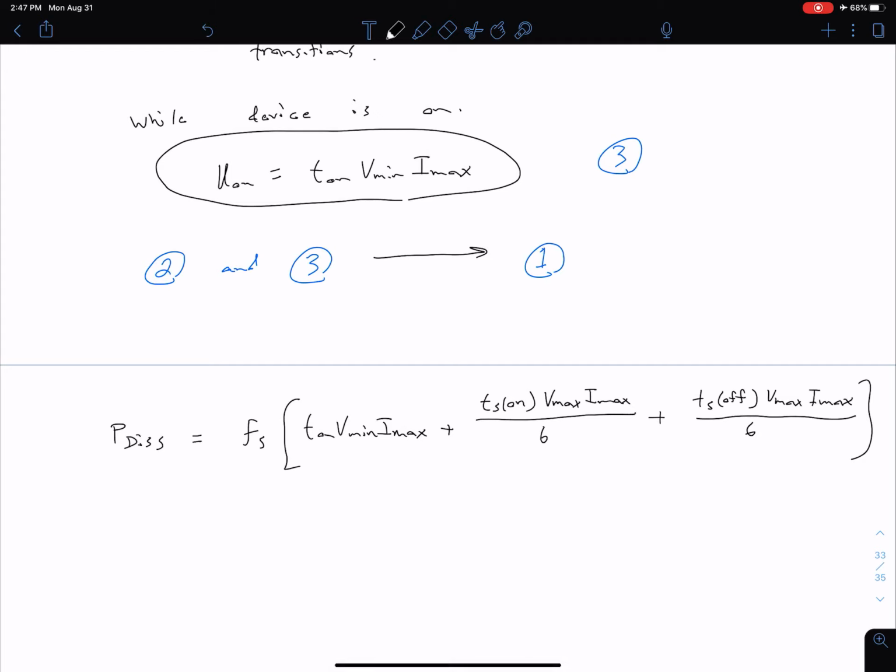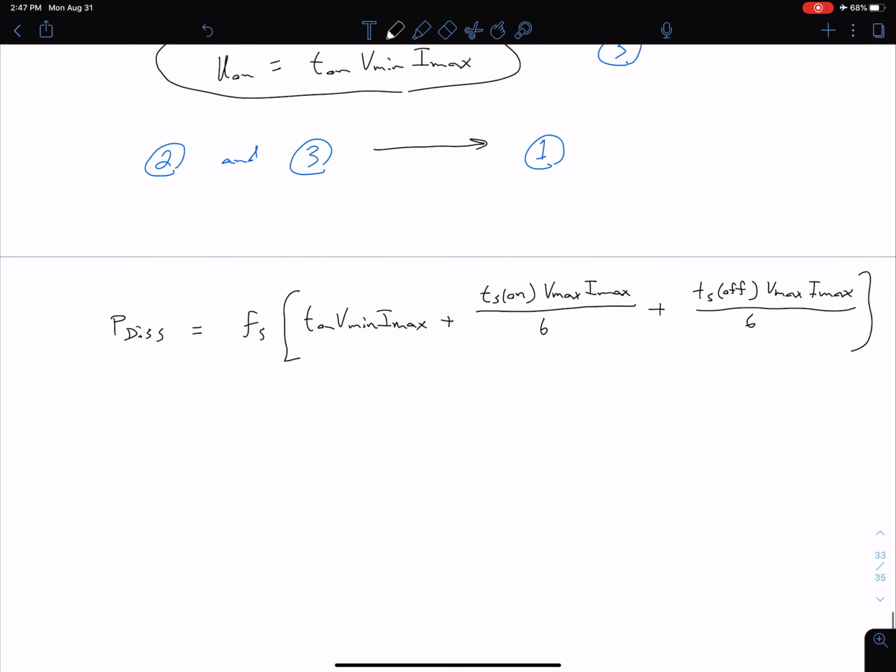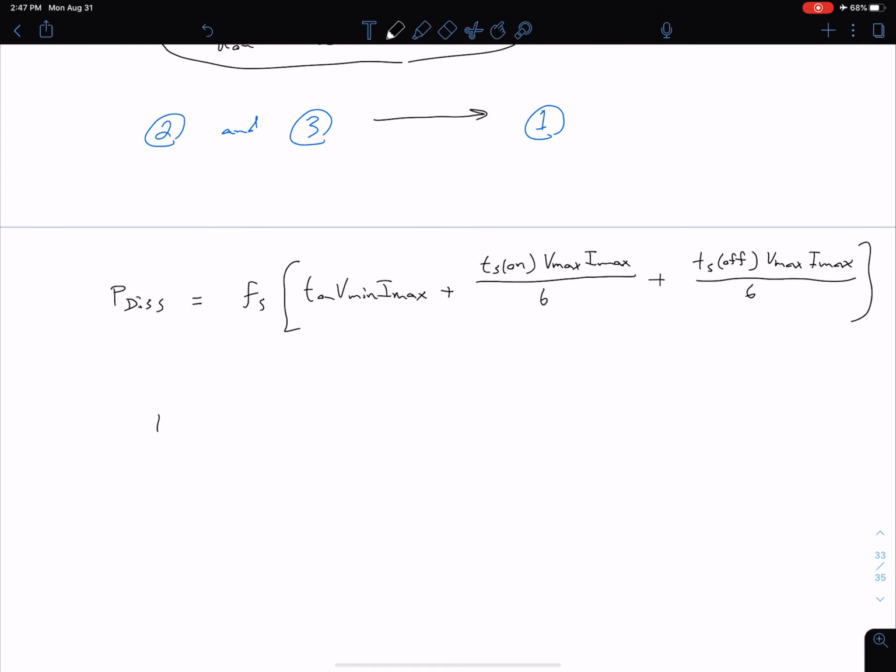And so we can notice that we have Imax in all of these terms, so we can factor that out, and we get that our P dissipated is equal to our switching frequency times Imax.